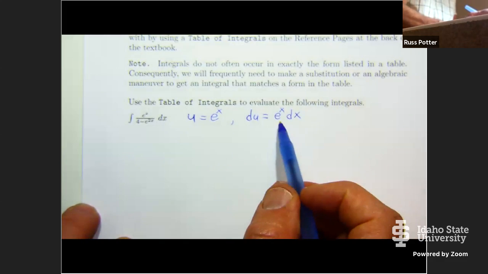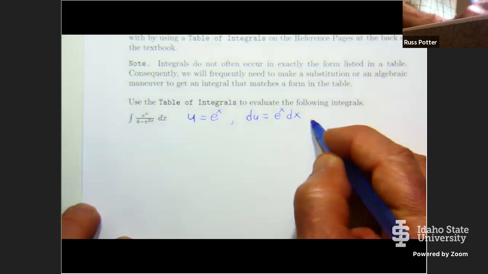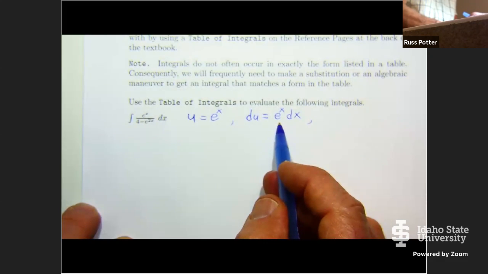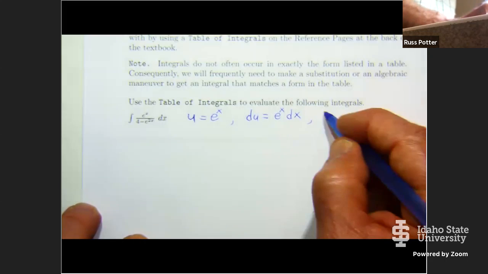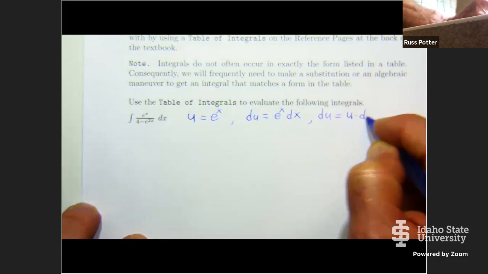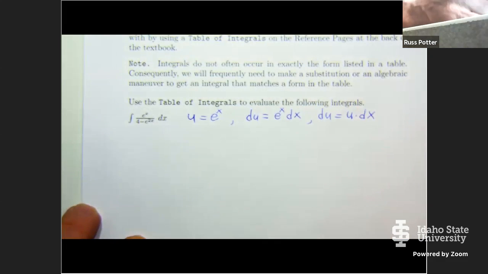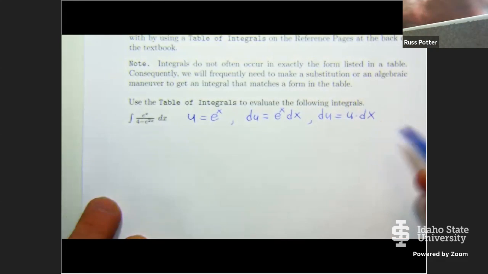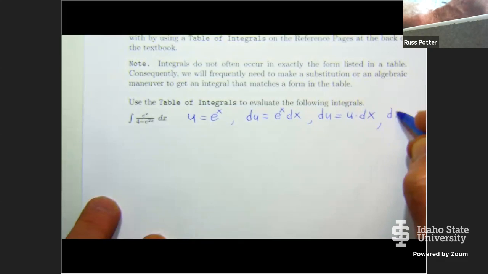Since we're assigning u to be e to the x, du is equal to u times dx. And then when we solve for dx, we get dx equals du over u.